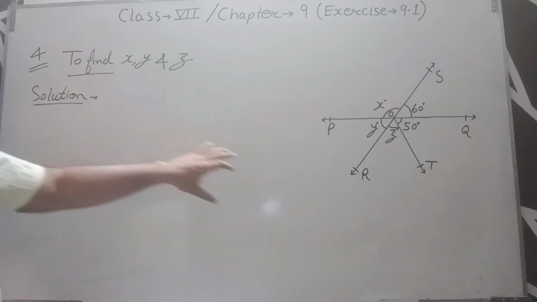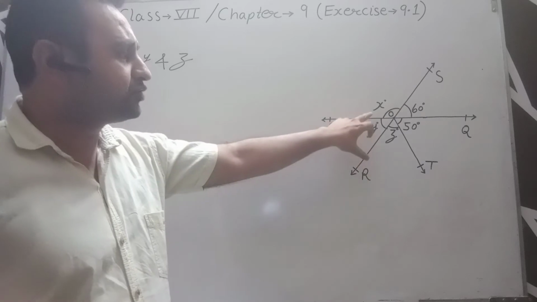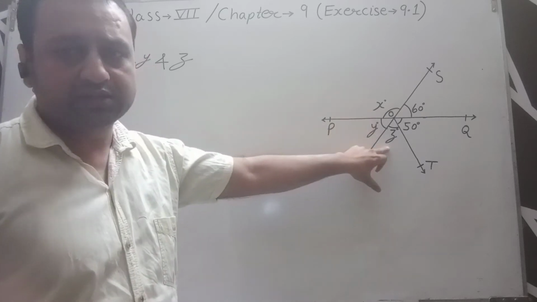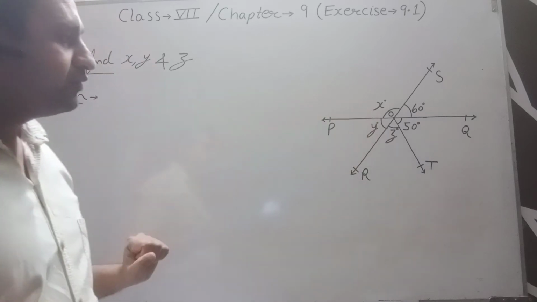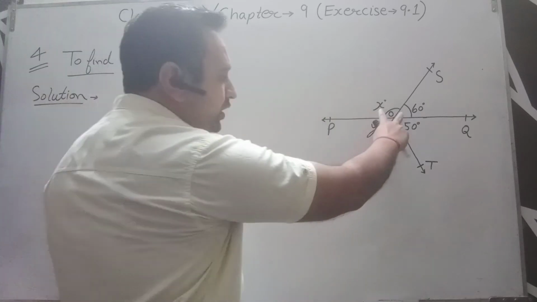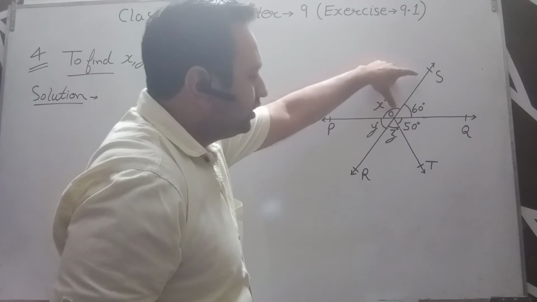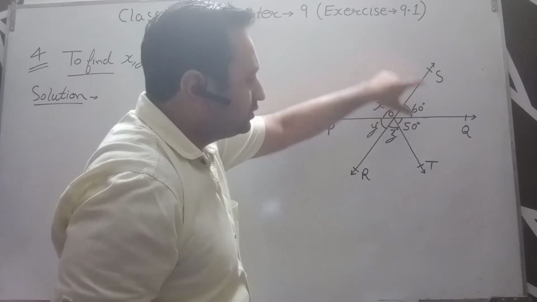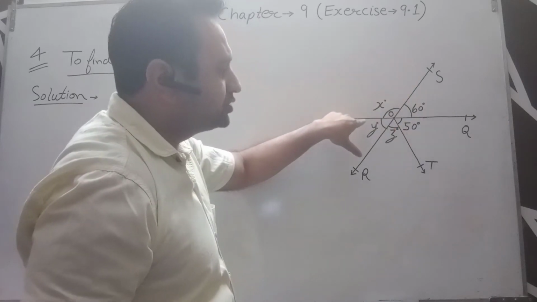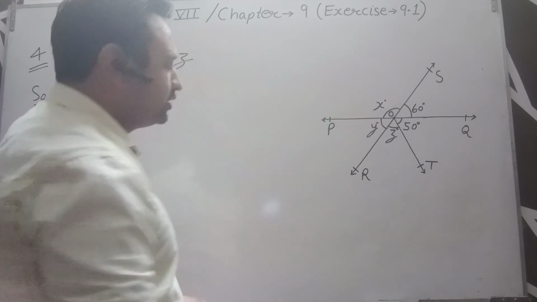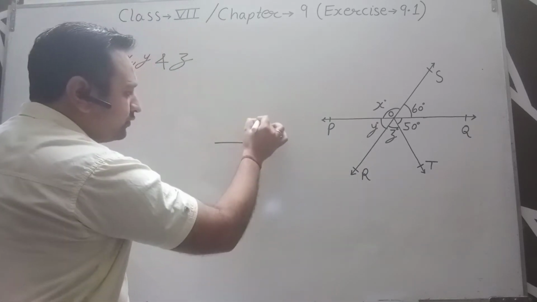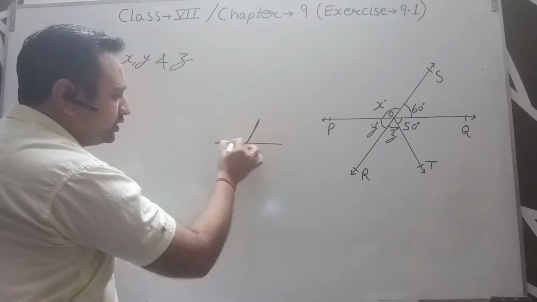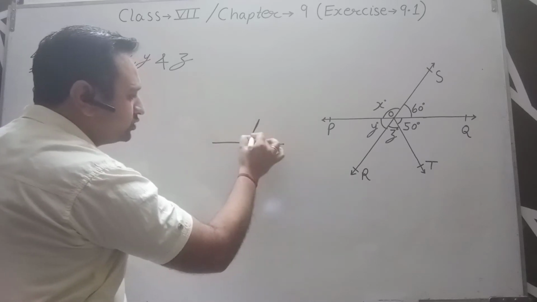In question number 4, the figure is given and we have to find x, y and z. Firstly, we have to find x. We observe that these two angles have one arm common and their non-common arms are opposite to each other.